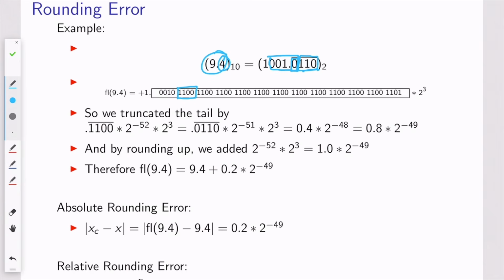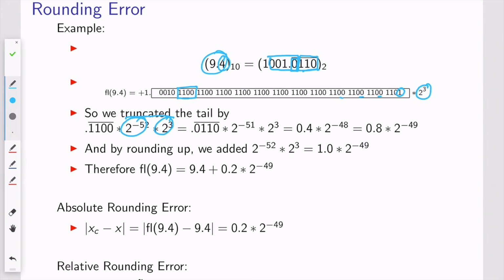But when you do your rounding at the 52nd bit, because the repeating part starts with a 1, what's going to happen is the trailing 0 that you've seen in the repeating part gets rounded up to a 1 here in the 52nd bit. So what did we actually do? We truncated the tail by this 1100 infinitely repeating pattern starting out after the 52nd bit, except that the whole thing was multiplied by 2 to the 3rd.